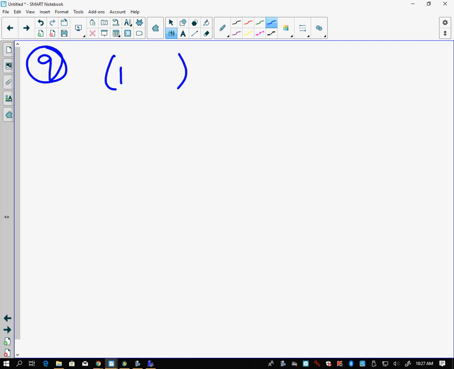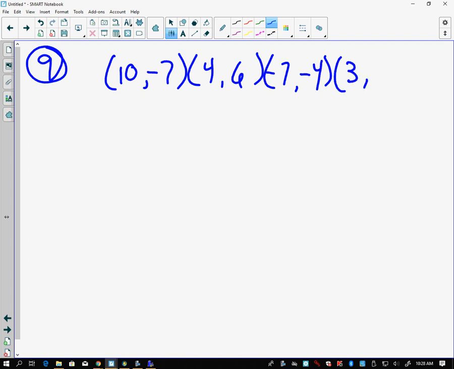So let's say, I want to know the range. Can you tell me what the range is? Range is y.